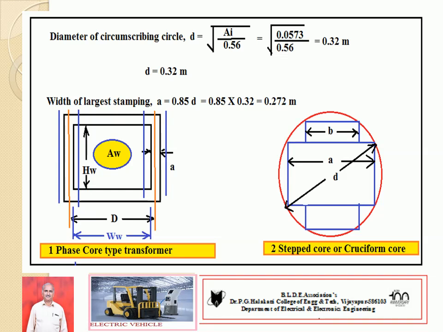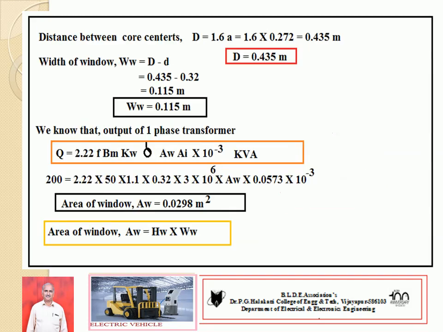Ai equal to 0.56 d square. Therefore, D equal to, calculate. The distance between core centers is also given in the problem. This value equals 1.6 times the width of the largest stamping. You substitute the value of A, then you calculate D.